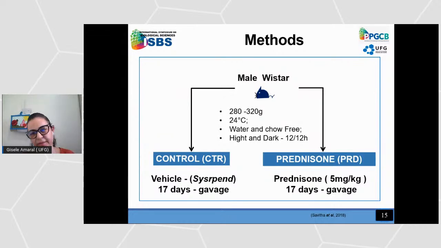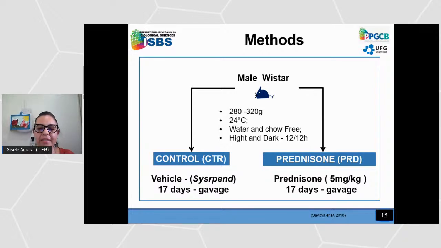280 to 320 grams, were maintained in the facility room with a 12-hour light-dark cycle, fed a standard diet, and free water intake at a temperature of 24 degrees Celsius. From now on, our control group will be called CTR and the prednisone group PRD.